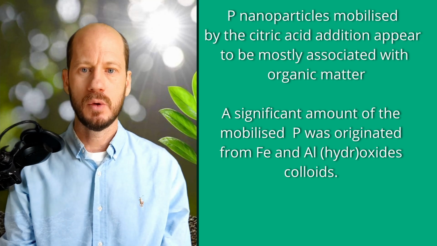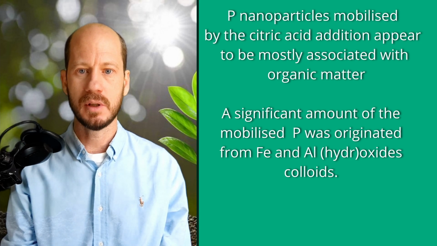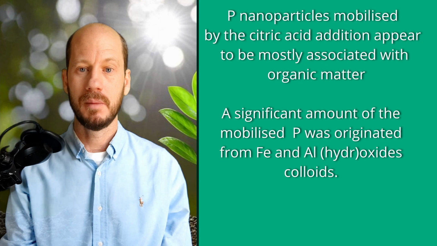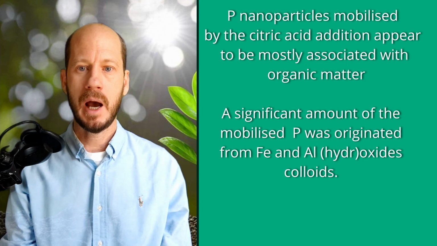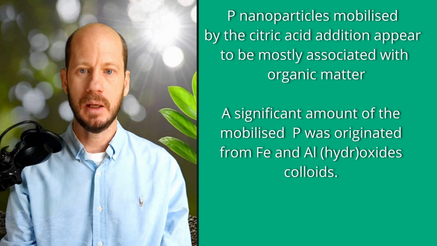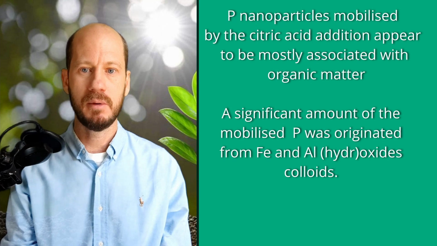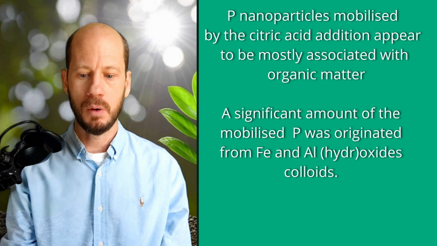And then we have shown also that for this case study, the majority of the desorbed phosphorus is coming from iron and aluminum colloids. Some of it is coming from silica, but not so much as from iron and aluminum colloids.